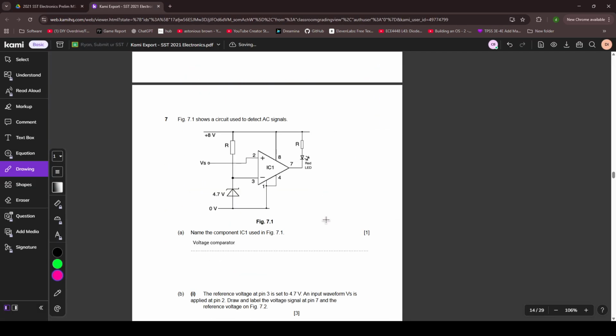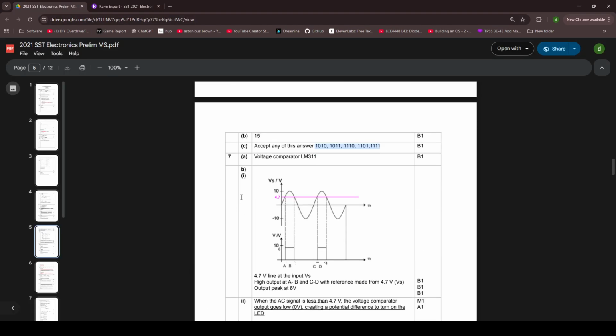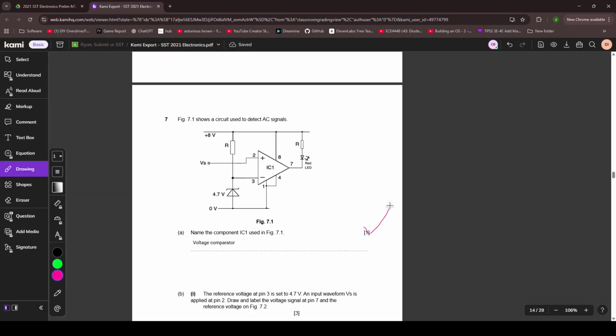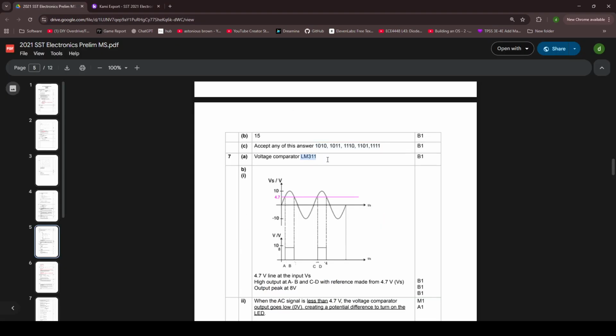Alright. 7.1 shows a circuit used to detect AC signals. Okay. This is a voltage comparator. I think so. Yeah. Name the component IC1. Okay. No way they're asking for that.